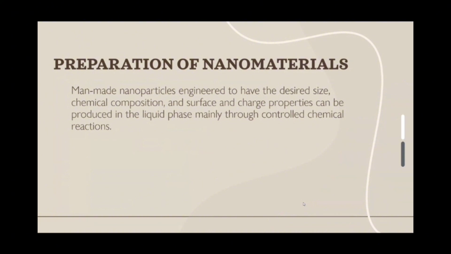It can be produced in the liquid phase, mainly through controlled chemical reactions. They can be prepared physically, chemically, and biologically via two main approaches, which are the bottom-up and top-down methods. Both will be discussed in the next slide.